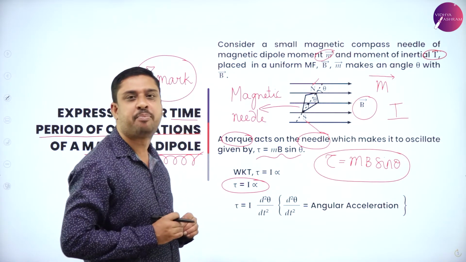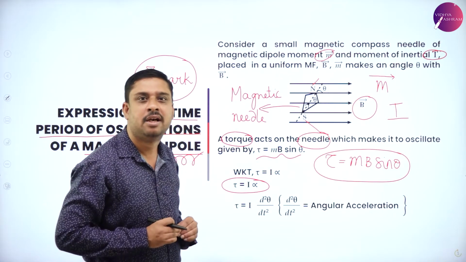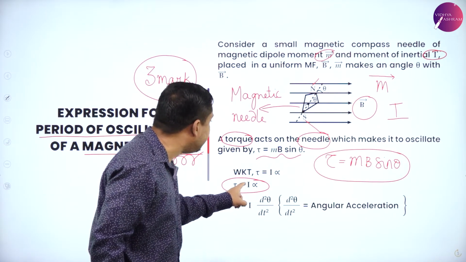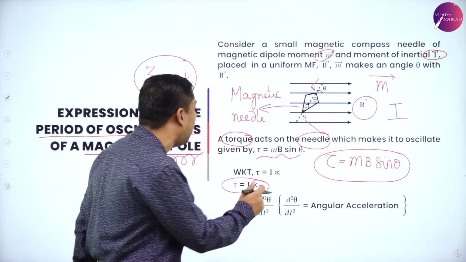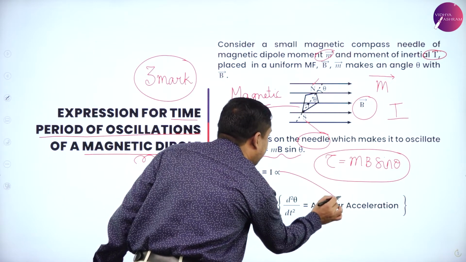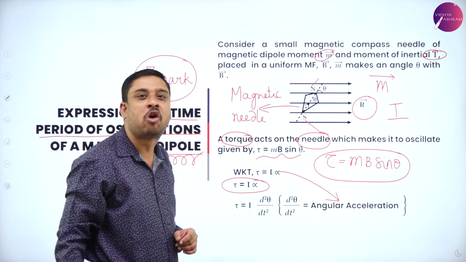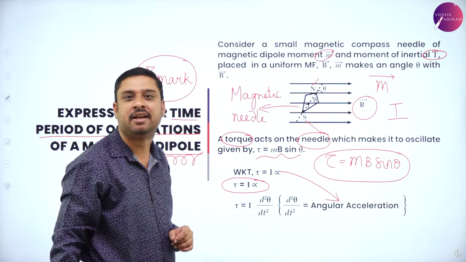The relationship between torque and moment of inertia, tau equals I into alpha. And what is this alpha? If you remember, it is called angular acceleration.